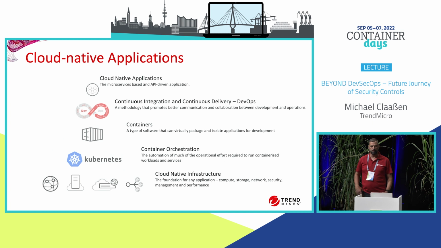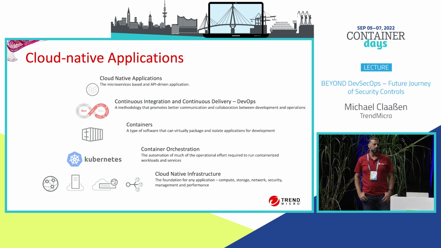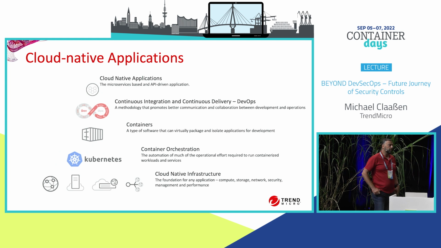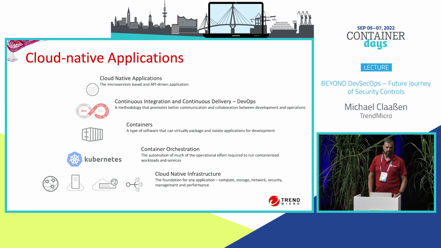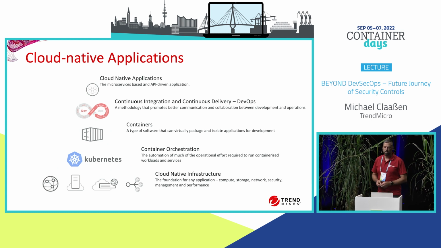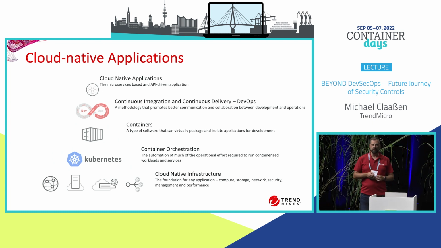And on top of this cloud infrastructure, we almost always have a Kubernetes orchestration system to orchestrate all those containers we need for cloud-native applications, because they run in a microservice-based architecture with containers, of course. And as you can see, they are mainly built in pipelines, in DevOps style, I would say.